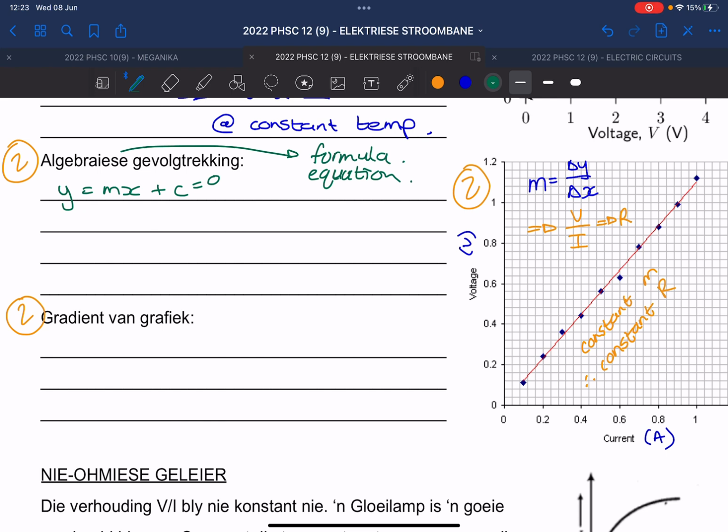Op die y-as het ons volts, gradiënt soek ons, die x-as is stroom, plus 0. And then we get the gradient is volts over current. En ons sê is goed, from there we can thus say the gradient is the resistance.